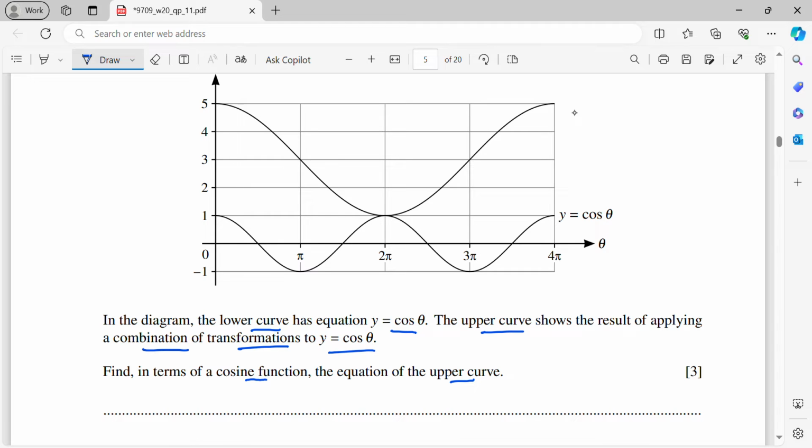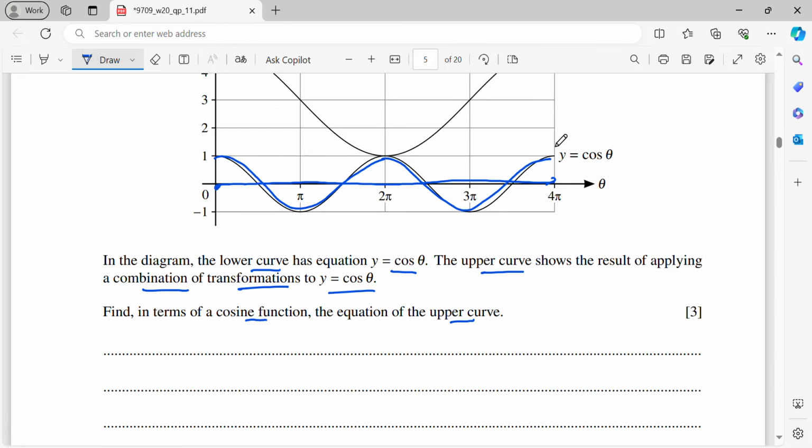Okay, so first of all, we will see the transformation. Look at here. From 0 to 4 pi, I have two cosine graphs. This is the first, and then this is the second. So here I will just write down from 0 to 4 pi.